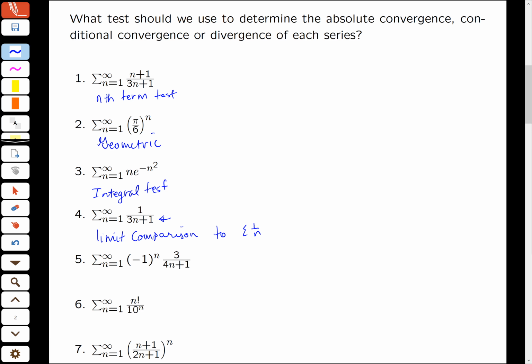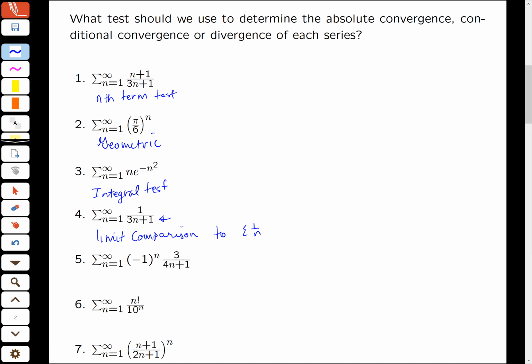Okay, look at number 5. Alternating. How did you know? -1 to a power. Now notice, if I want to know absolute convergence, I drop that -1 to a power, and you have 3 over 4n plus 1. How would you test that if you didn't have the -1 to a power? Limit comparison to 1 over n.